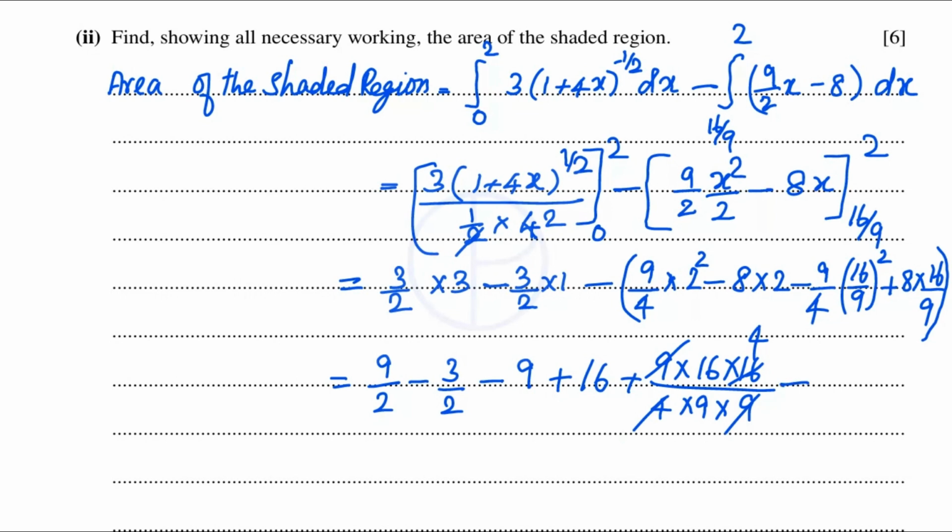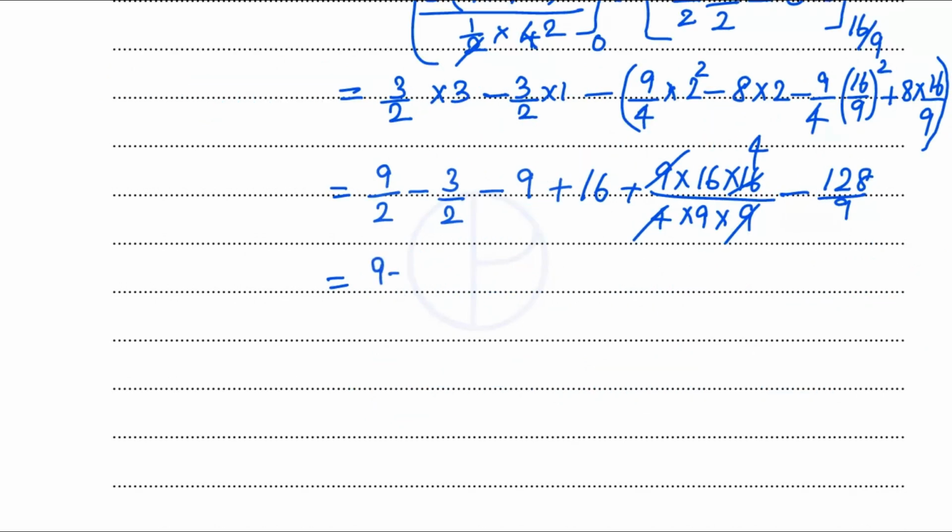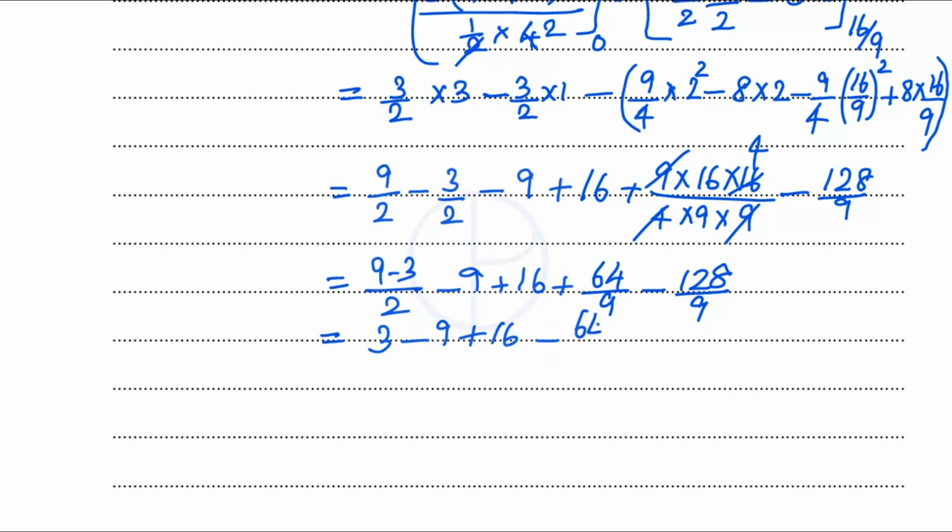Minus 8 multiplied by 16 divided by 9, 128 divided by 9. 64 divided by 9 minus 128 over 9. 9 minus 3 divided by 2 is 6 divided by 2, which is 3. 3 minus 9 plus 16 negative 64 divided by 9.